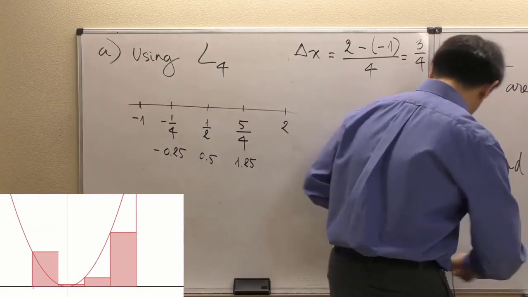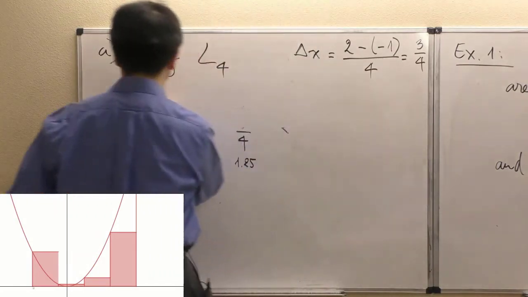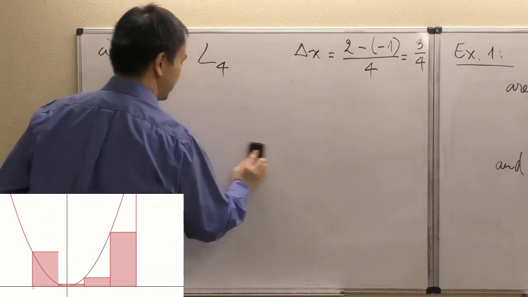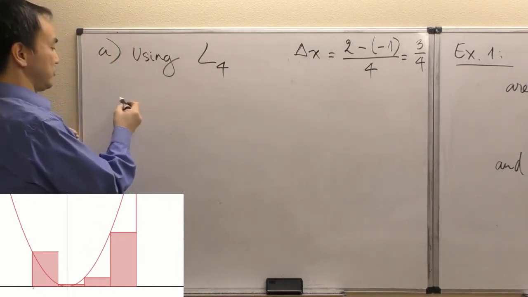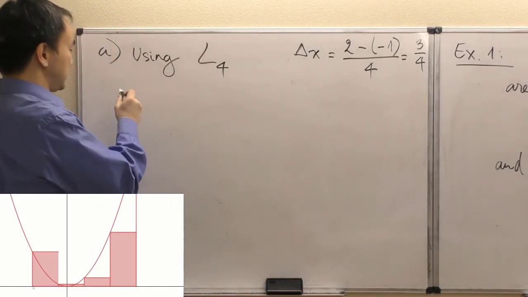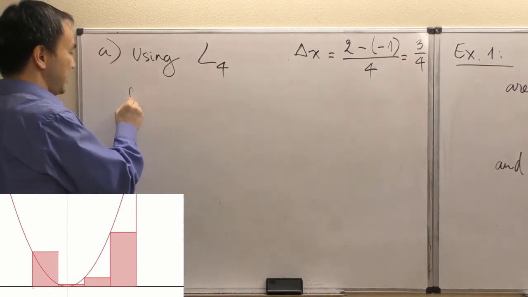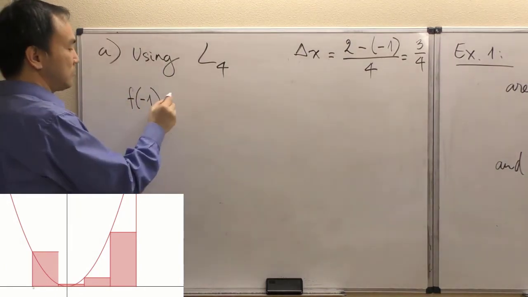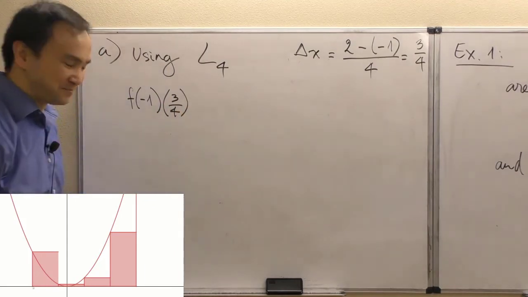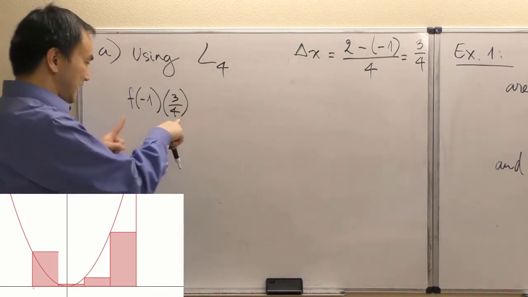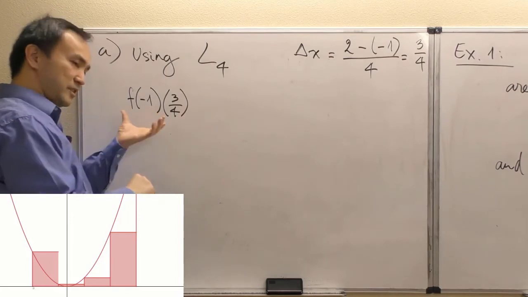Since we're short on space, I'm going to have to erase. The height is f of -1, and we multiply by the width being 3/4. That takes care of the first rectangle.